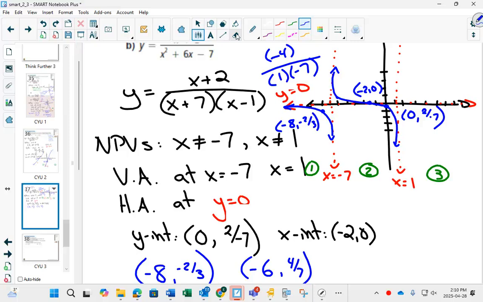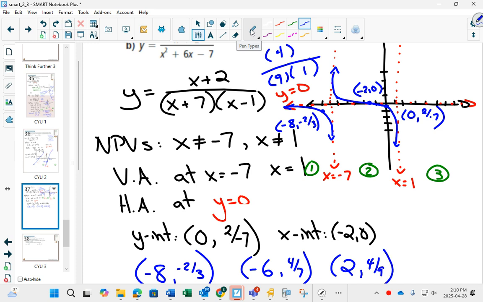And finally, we need a point in section 3, so I would take out the 2. Okay? 2 + 2, that's going to be a 4 in there. 2 + 7, that's 9 there. 2 - 1 is 1. You see that you have 4/9?